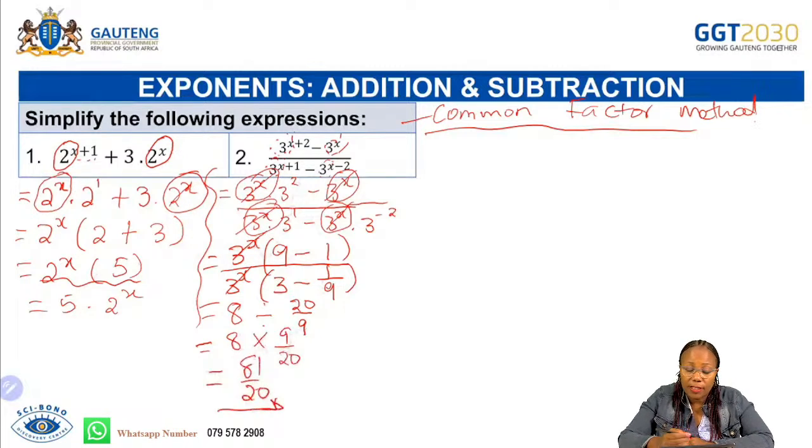Okay, and then that is how you simplify this expression. I hope now you can see the difference in terms of solving multiplication and division and addition and subtraction. The difference is this: in this one, we apply the common factor method.